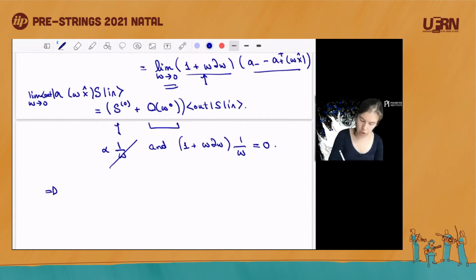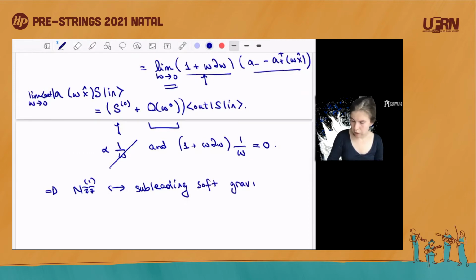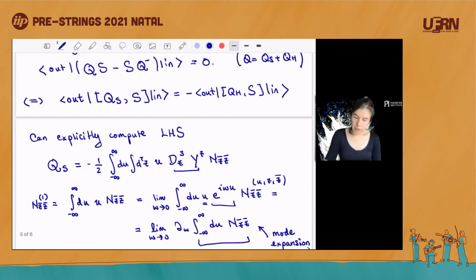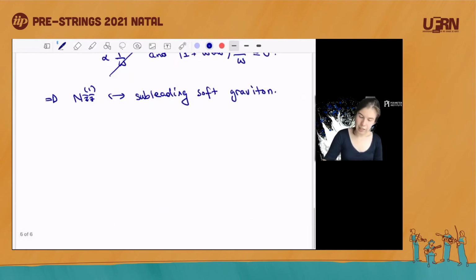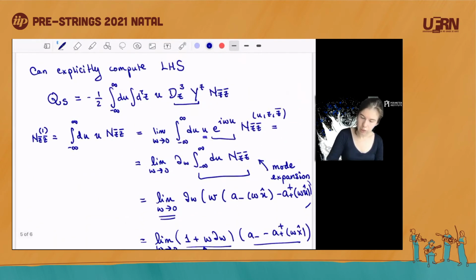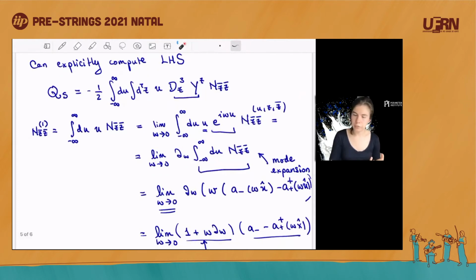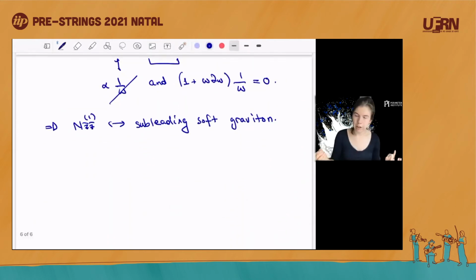So the upshot is that n z bar 1 is in one-to-one correspondence to a subleading soft graviton. And I'm almost done. Now that we established that the insertion of Q soft into the S matrix is essentially a weighted integral over the sphere of a subleading soft photon, I can just evaluate it, right?